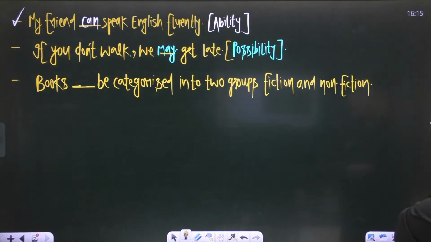What do you think of this sentence? Books can be categorized, books may be categorized, into two different groups, fiction and non-fiction.